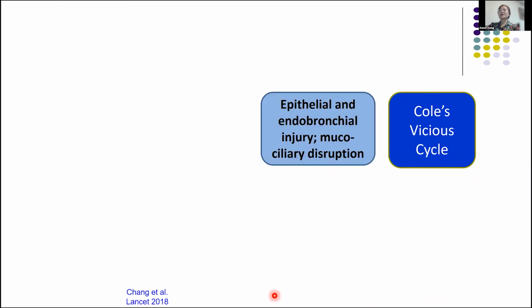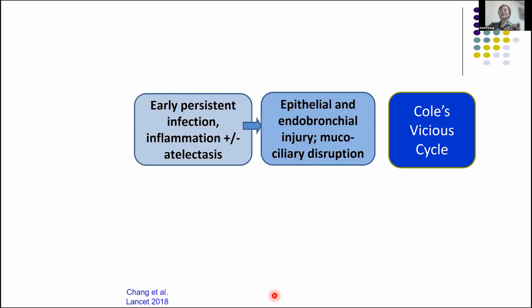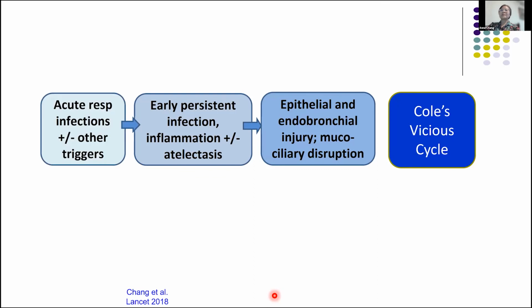So what can we do as clinicians? I think everybody knows about the Cole-Vicious cycle, but preceding that, there must be things that come before. I would anticipate that there's a degree of epithelial and endobronchial injury, and prior to that you get persistent infection and inflammation, atelectasis, and before that you're going to get acute respiratory infections, pneumonia, and other triggers like pollution.